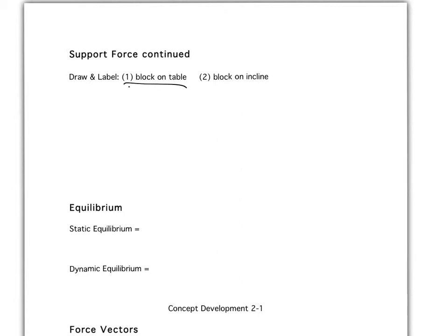First example, a block on a table. Here we have a block, here's our table. We have our weight going down. We're going to have our normal force going perpendicular to the surface of the table, completely canceling out the weight.